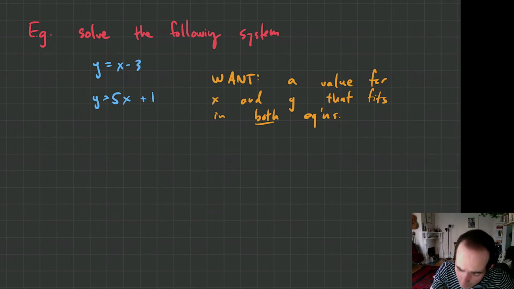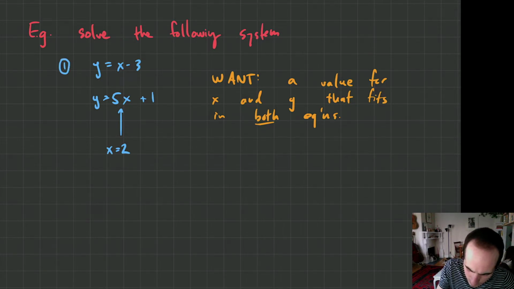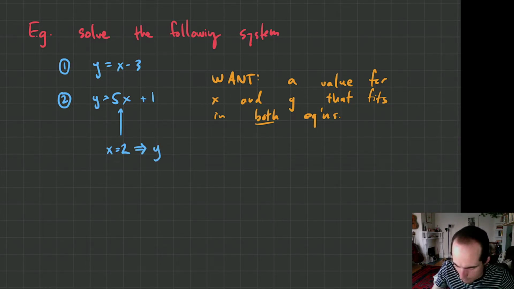So like I could just sort of randomly guess some until something works. Probably not the best method. Like let's say we tried, okay, how about x equals 2? I'm going to name these equations. Let's call this equation 1 and this equation 2. If I look at equation 2 and x is equal to 2, then y must be equal to 5 times 2, which is 10, plus 1 is 11.